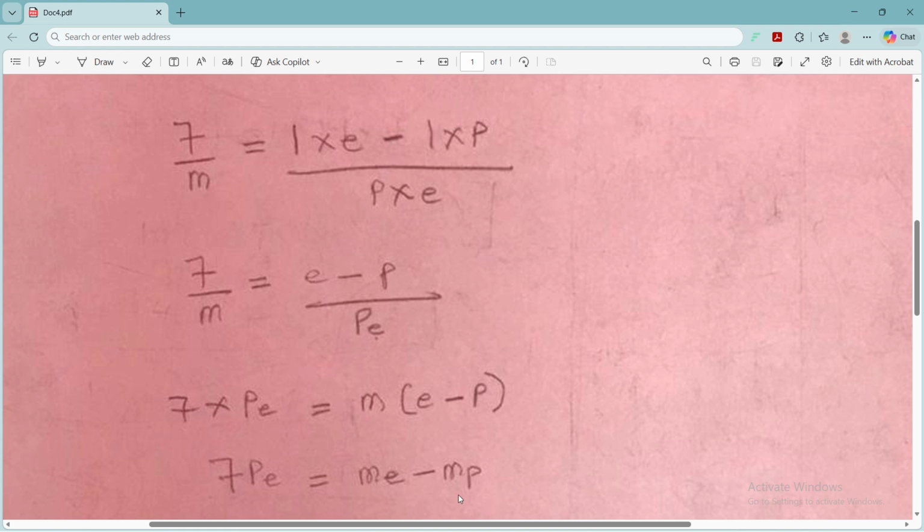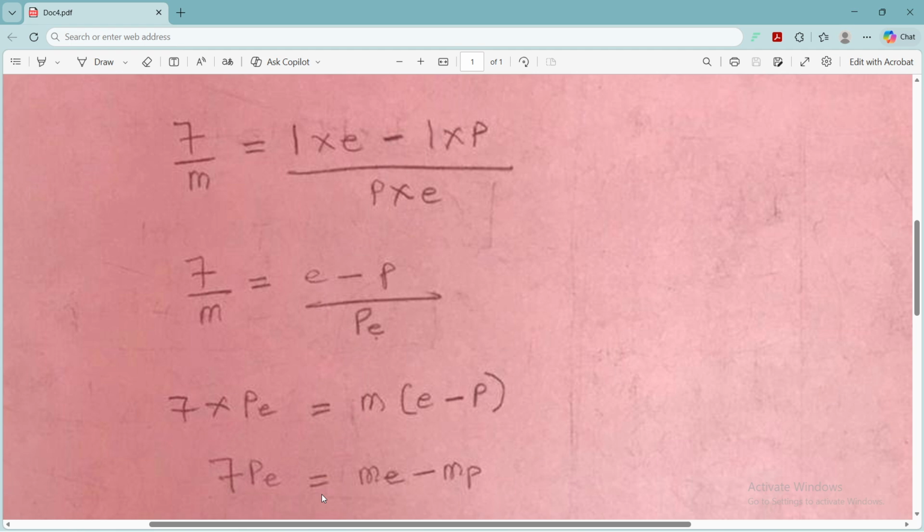So here we have 7PE is equal to ME minus MP. So 7PE and ME are the like terms, right? And minus MP here is the unlike term, right? So we move minus MP to the other half of the equation, the left-hand side, right? When we move it, it has to cross the equal to sign, and when it crosses the equal to sign, it will change its form to become a positive MP, right?